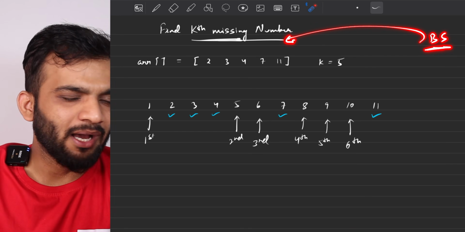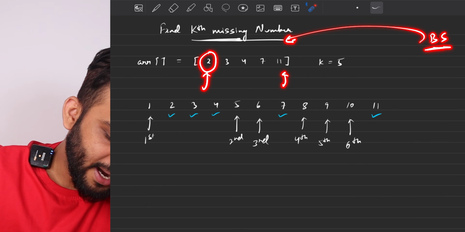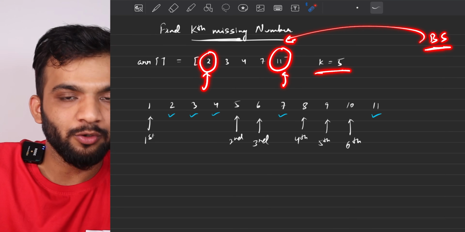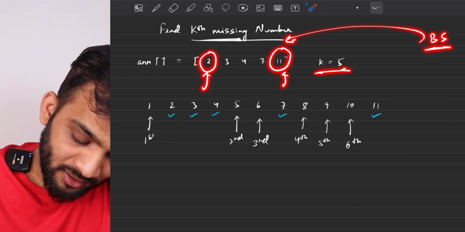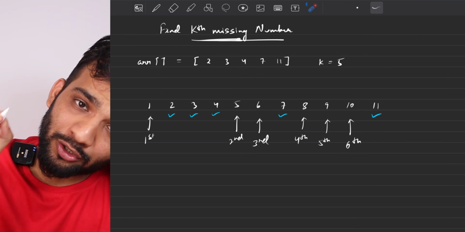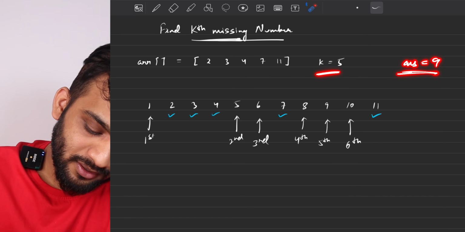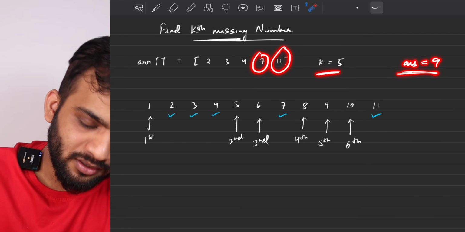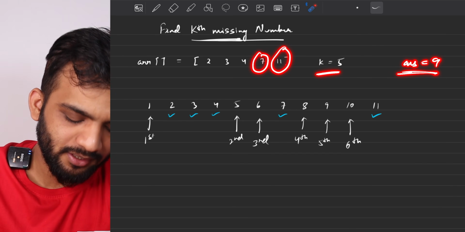Can I say I'm very much sure that the answer will be between 2 and 11 for k equal to 5? I am very much sure about that. Okay. Can I say that for this k equal to 5, I know the answer is 9, and that always lies between 7 and 11? I'm also very much sure about this, right?